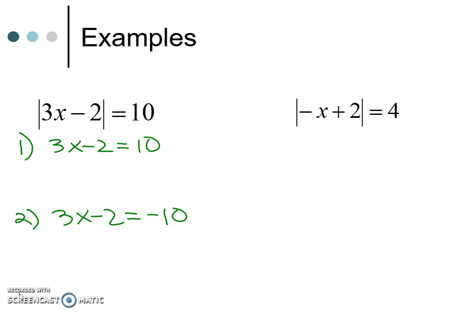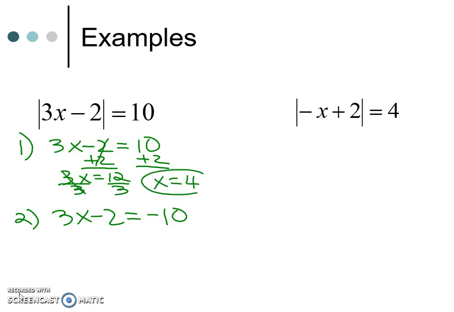So let's solve the first one. We're going to add 2 on each side. 3x equals 12, divided by 3, x equals 4. The next setup, we're going to add 2 on each side again.